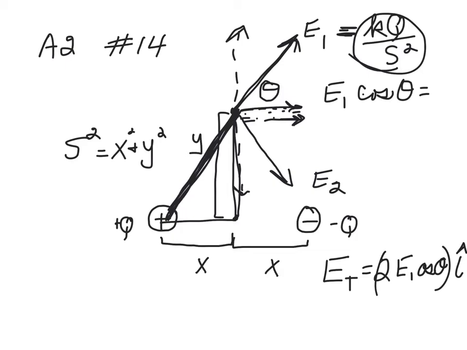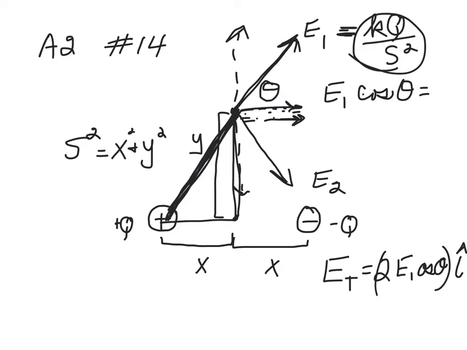Another way of doing it is to do it in general and say this angle theta here is the adjacent x over this. So I'm going to do it that way. You can do it the other way. Cosine of theta is going to be x over the square root of this.